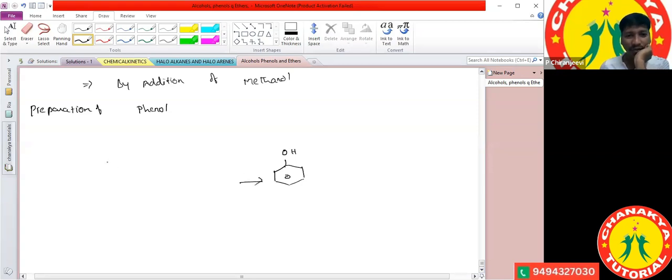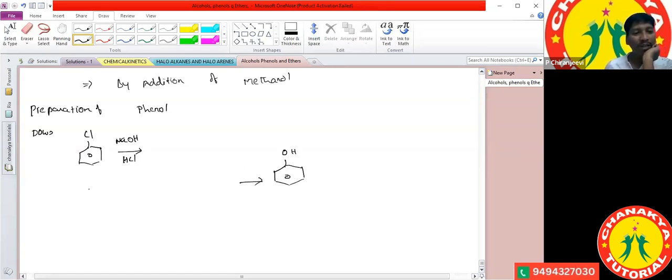First one, Dow's process. What is the Dow's process? When chlorobenzene is treated with sodium hydroxide, NaOH, then it undergoes acid hydrolysis. If it undergoes acid hydrolysis, it forms phenol.